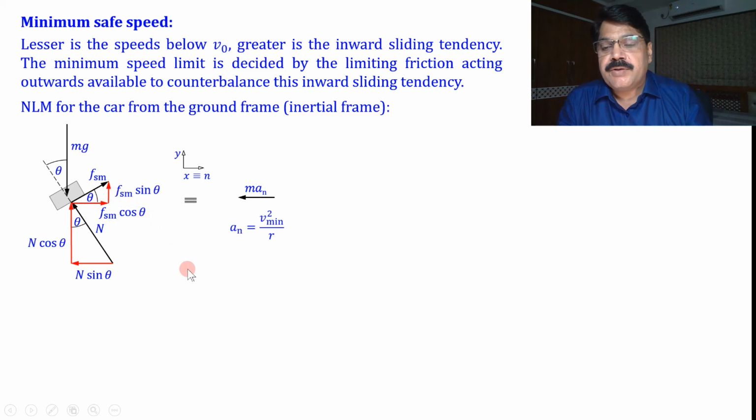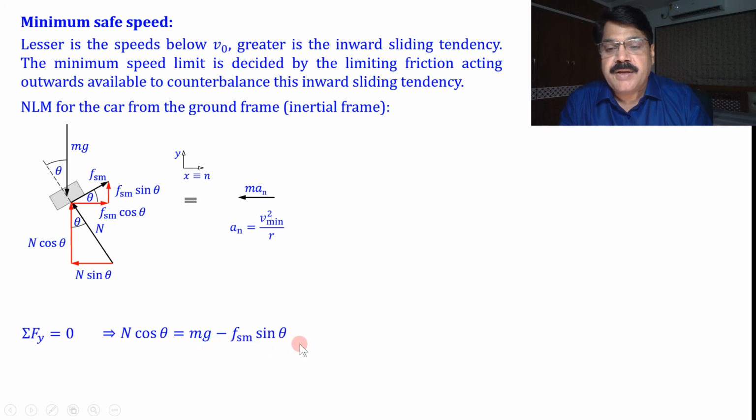Now we can write the first equation. Summation Fy is equal to 0 because the car has no acceleration in the y direction. So N cos theta is equal to mg minus f_s sin theta, or N cos theta plus f_s sin theta is equal to mg. We call it equation 1.